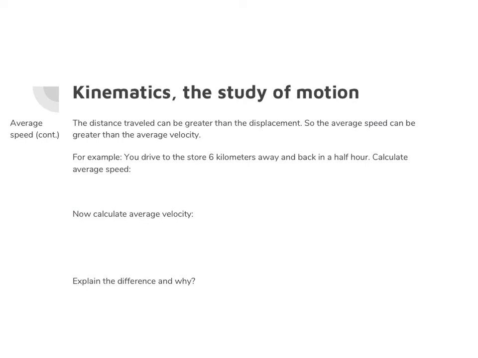Average speed. So the distance traveled can be greater than the displacement. So the distance traveled is what we use when we are calculating average speed, whereas for average velocity we would be using displacement, and that's what we use to calculate average velocity.